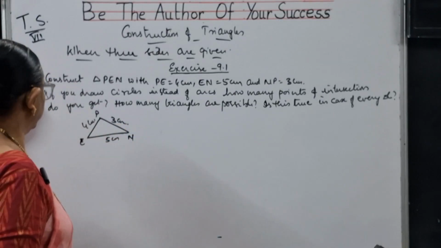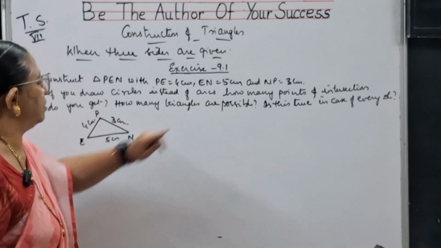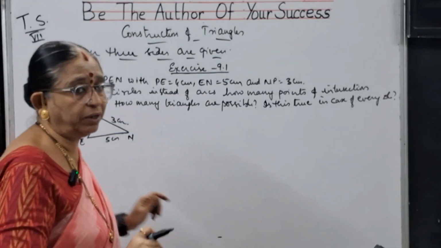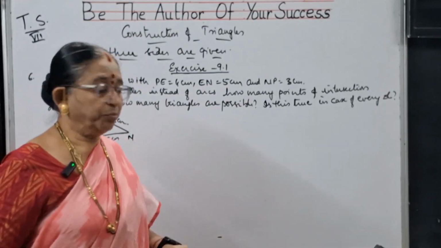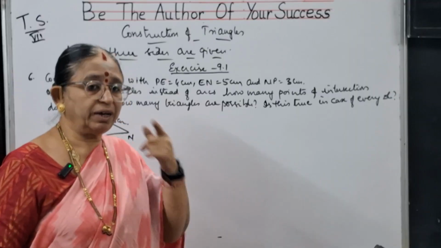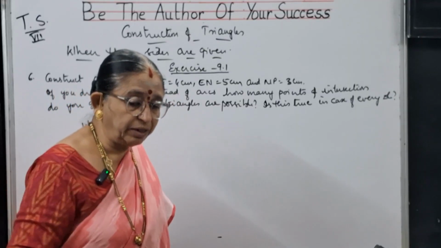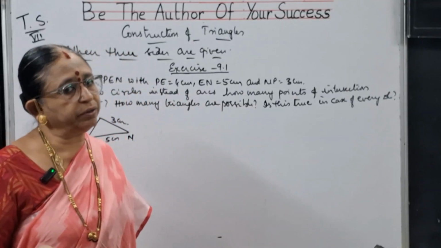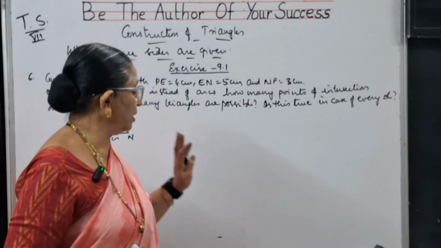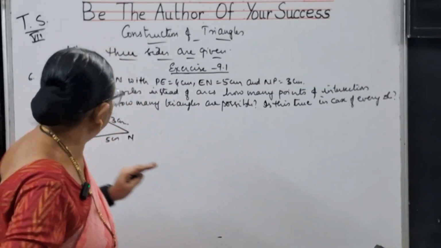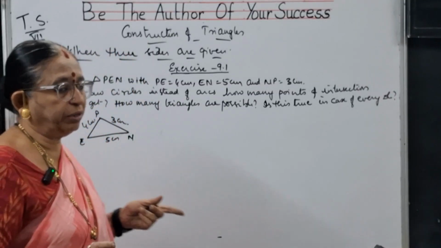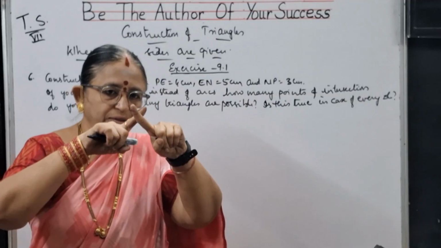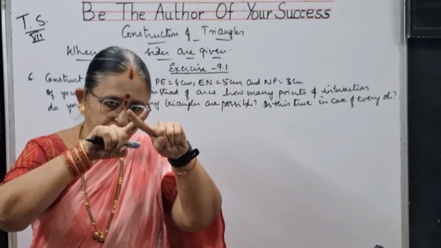Now see the continuation. Till now what we have done, we could draw the arcs. But according to this, what are they asking? They are asking to continue the arc. An arc, if you continue, you will get a circle. So if you draw circles, how many points of intersection do you get? When two arcs are intersecting, we are getting 1 point.